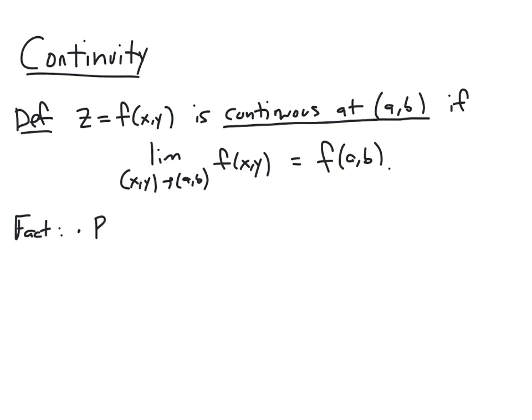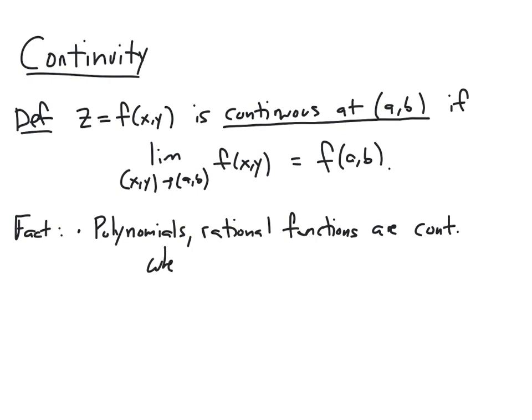Just like in one variable calculus, polynomials and rational functions in two variables are continuous when defined. Polynomials are always continuous because they're always defined, but rational functions might have a division by zero issue. So as long as they're defined, those will be continuous.